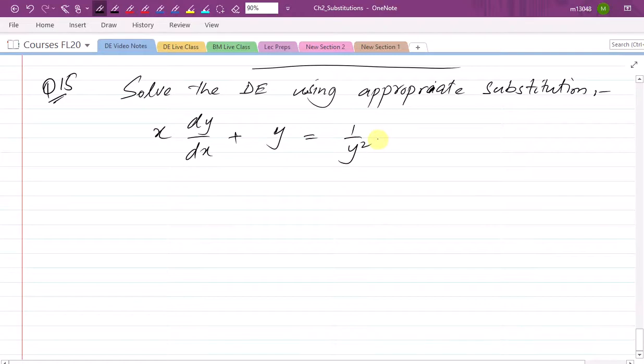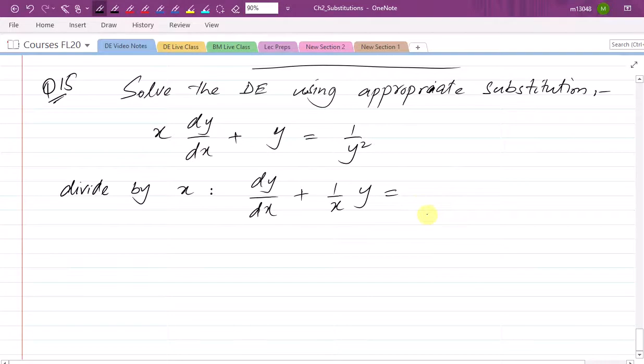What is our first step? Divide by x. Remember that you have to write the standard form. Nothing could be multiplied with dy/dx.